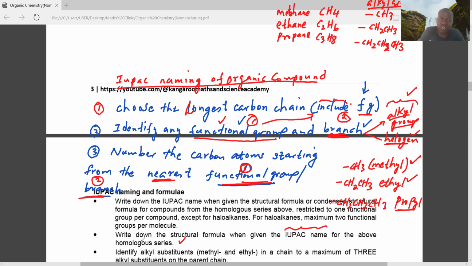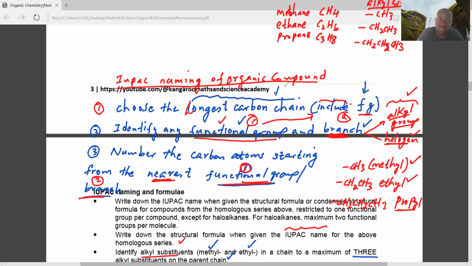And there's something we need to identify: the alkyl substituent, which I was talking about, alkyl groups. So you must be able to identify alkyl substituents or alkyl groups such as methyl and ethyl in a chain, to a maximum of 3 substituents on a parent chain. When you talk about the parent chain, we're talking about the longest carbon chain.